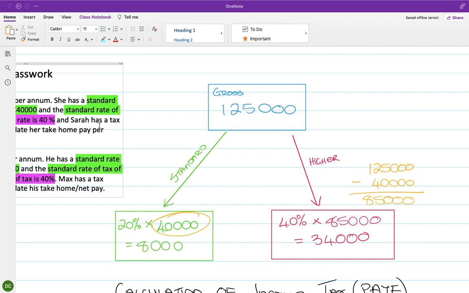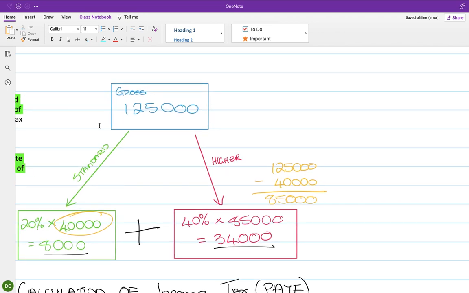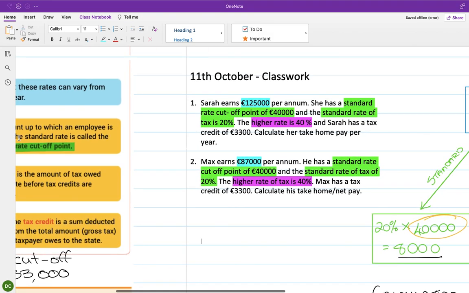Yep. So now what we're trying to do is calculate the tax. So there is this much tax at the low rate plus this much tax at the high rate. So how much tax in total? 42,000 is the tax in total. But everybody gets their voucher worth 3,300, which is there.